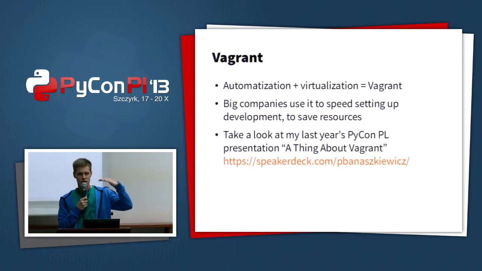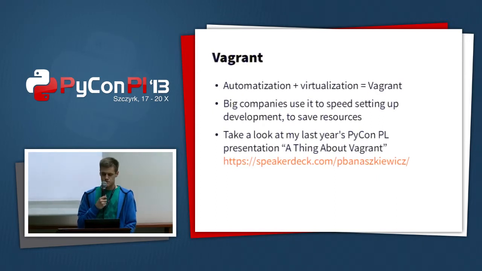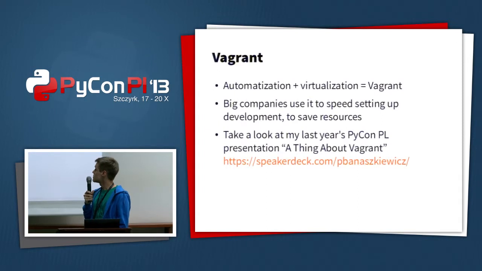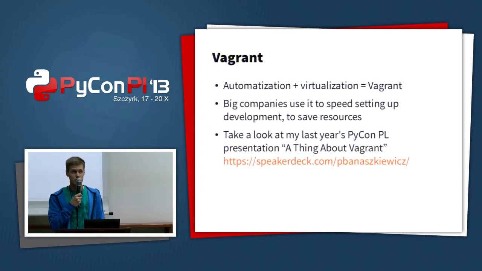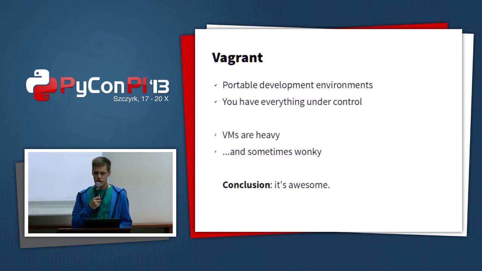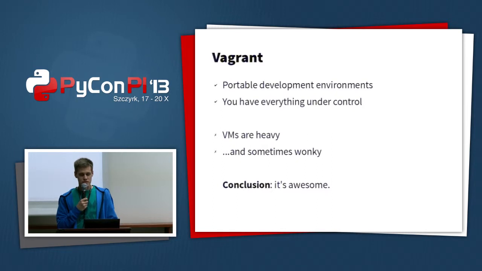So it's an even higher level of isolation than virtualenv. If you want to know more, you can look at my presentation about Vagrant at speakerdeck.com. But shortly speaking, Vagrant makes virtual machines portable development environments. So this sentence contains two pieces of information. First, virtual machines are portable, and second, they are development environments.